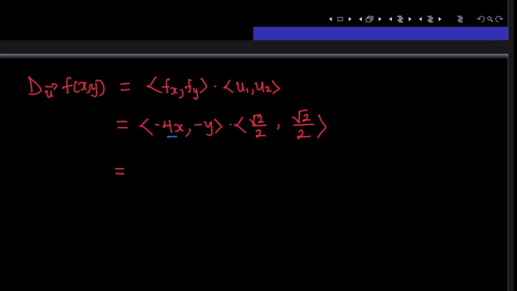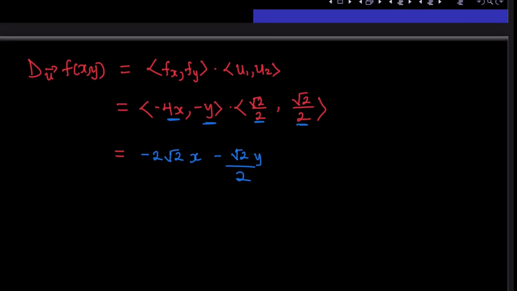So here the x component will multiply the x component, and the y component will multiply the y component. So we are going to have minus 2 root of 2 x minus root of 2 y on 2.